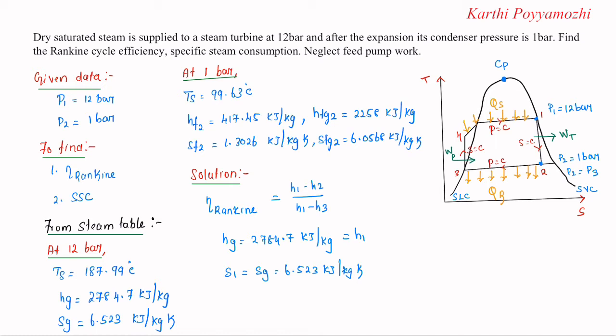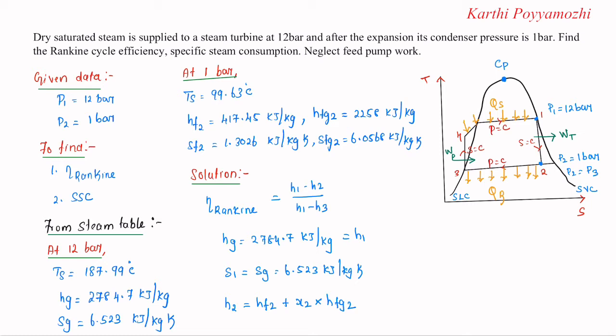With this, we have to find the value of H2. H2 is given by the equation H2 is equal to HF2 plus X2 into HFG2, where HF is the enthalpy of the fluid, HFG is the enthalpy of vaporization and X is the dryness fraction.